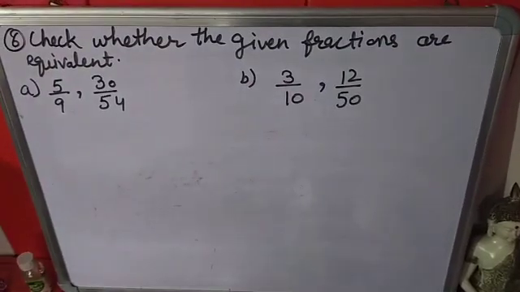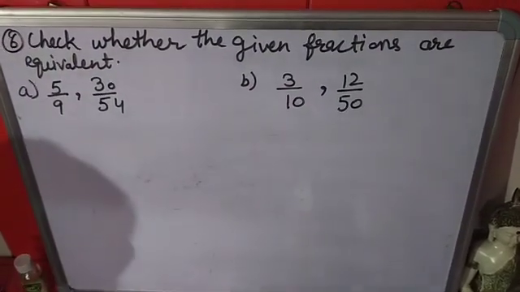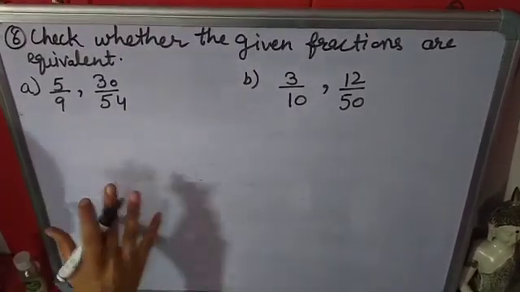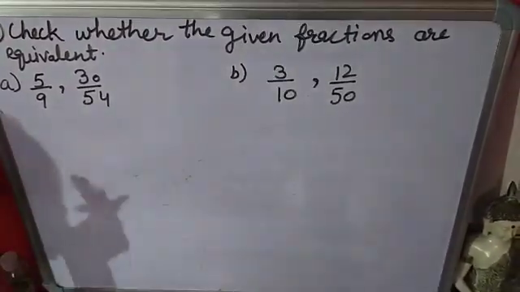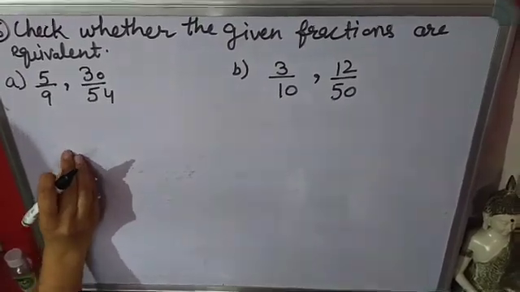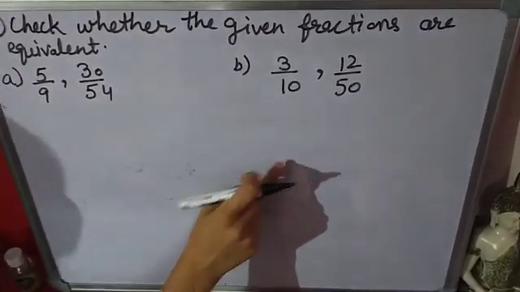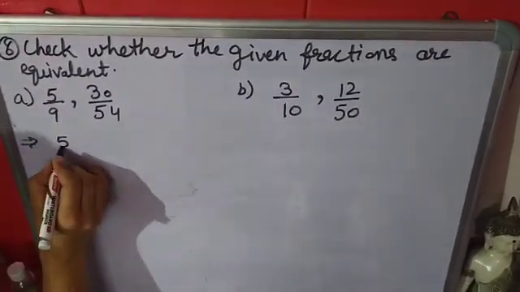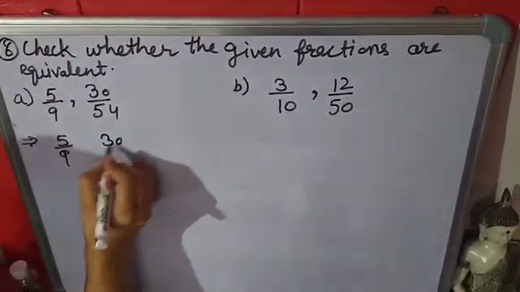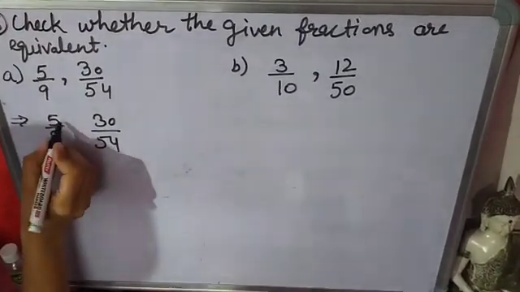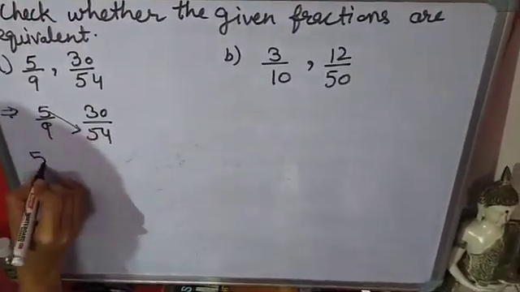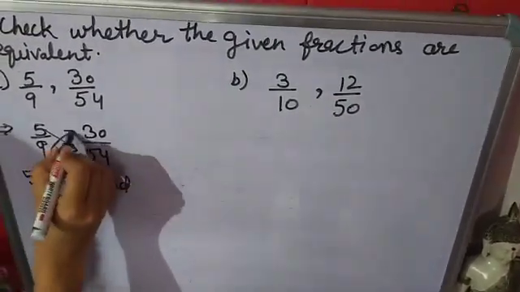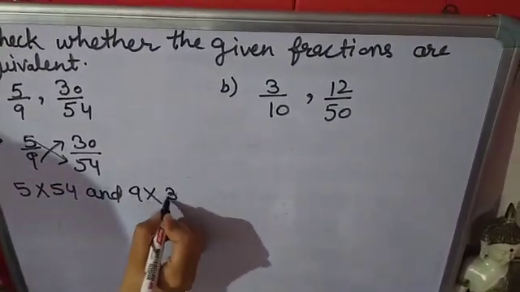Sixth question. Check whether the given fractions are equivalent or not. I told you two methods, by cross multiplication or by cutting. I am doing this A part with cross multiplication, and this B part I am doing with the cutting method. You can use any method. So in this question we will do cross multiplication like this: 5 multiplied by 54 and 9 multiplied by 30.